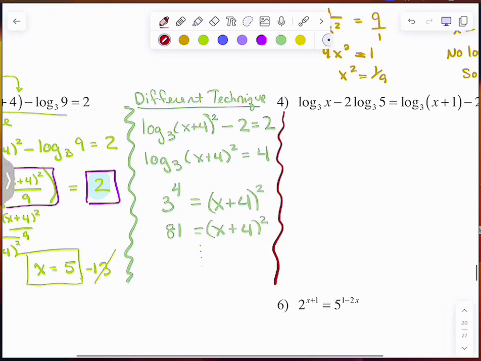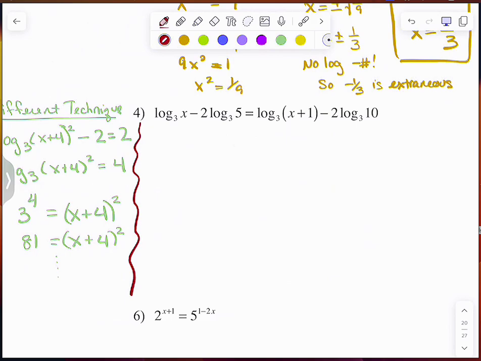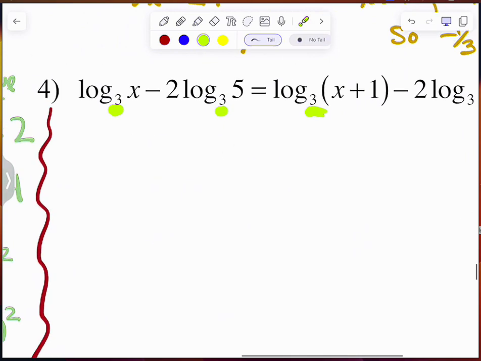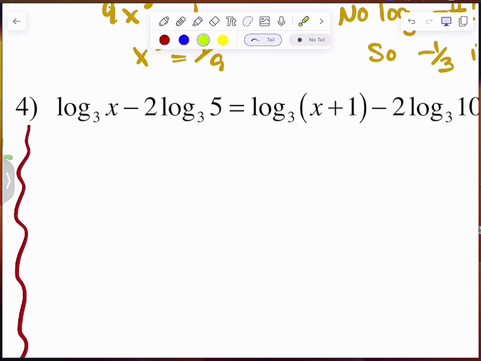All right. So this one, we got logs on both sides. But look at it. All of the logs in this problem are log base 3, which is good. That means that we can condense everything. So we've got some choices. We could condense the left, condense the right, and then look for the two equal parts. That's my choice.